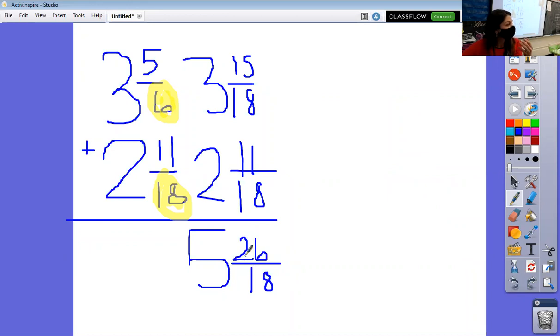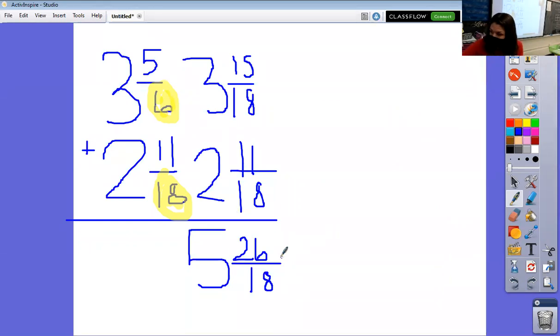Brindley? 1. How many of these fraction pieces? So what represents a whole with this fraction? If it says it's out of 18, then how many pieces do I need to make one group? 18, right? 18/18 make 1.